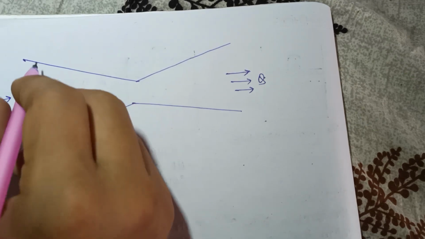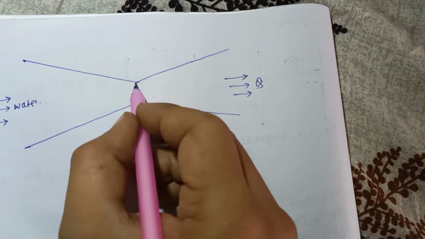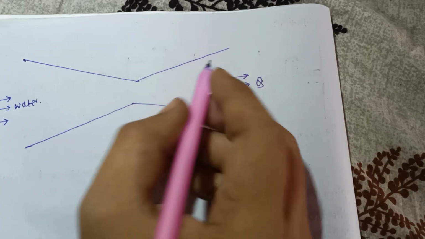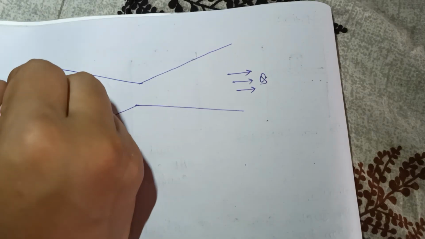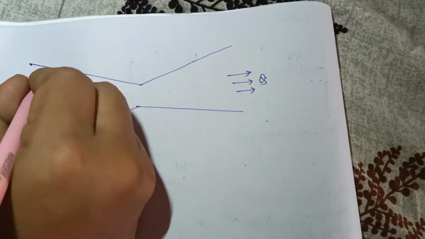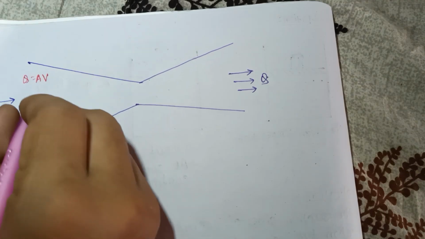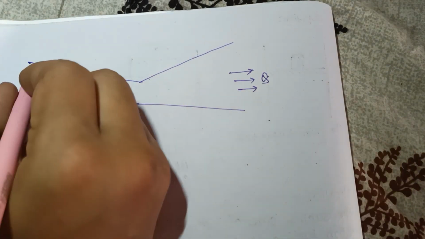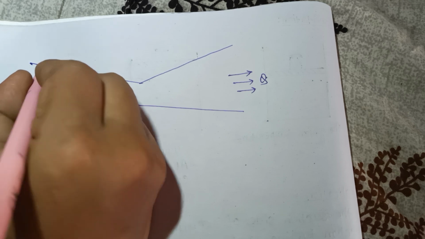So here we see that the area gradually decreases and then the area gradually increases. So we know that flow rate Q is equal to area into velocity. As area decreases, the velocity will increase.